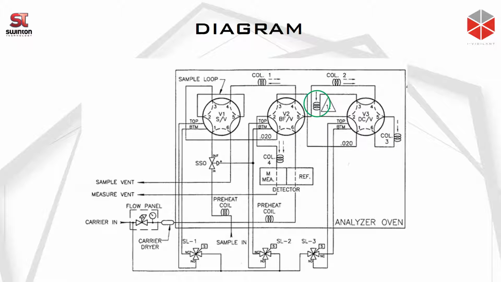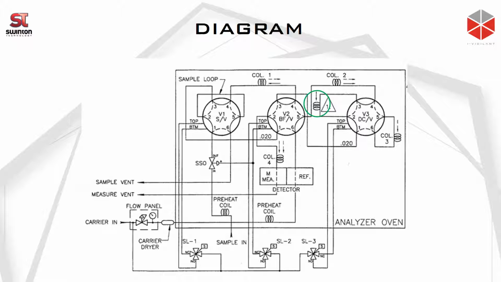The next one that we have is the restrictor column. The reason why we have the restrictor column is to match the flow rate when the gas flows through column 3 and when the gas goes through the restrictor column. One of the properties of the thermal conductivity detector is that it responds to changes in temperature. So in order for us to make the temperature stable on the detector itself, we need to maintain the pressure and the flow rate within the GC to be quite stable as well.